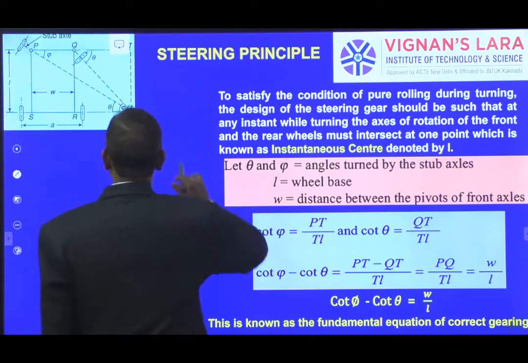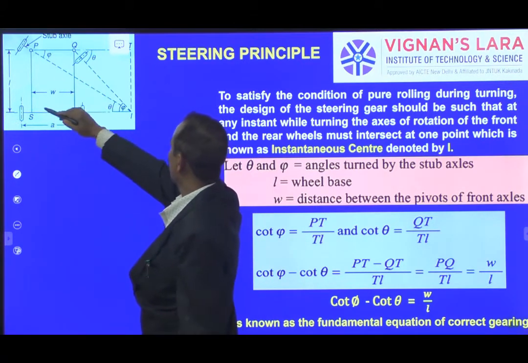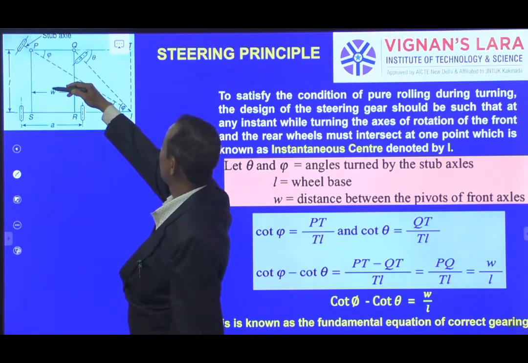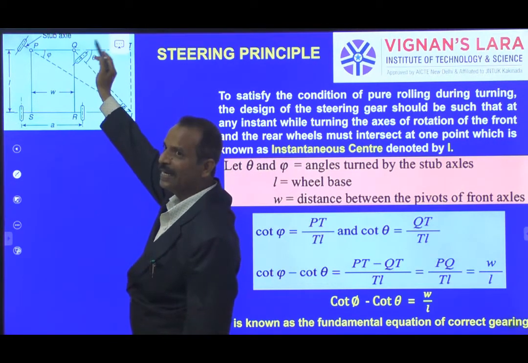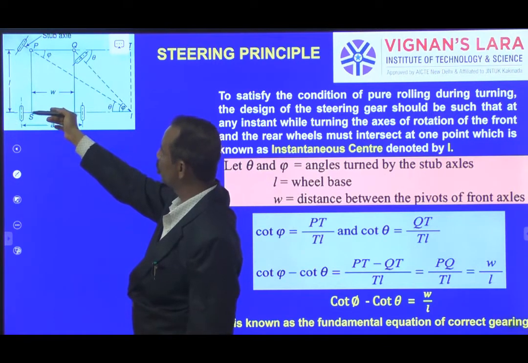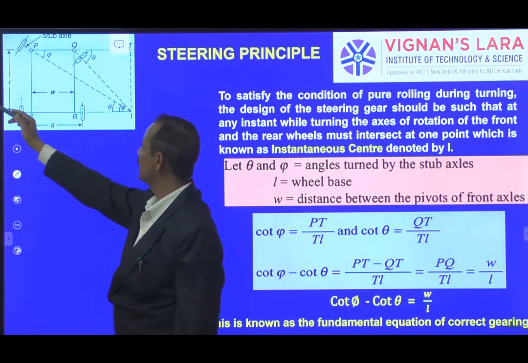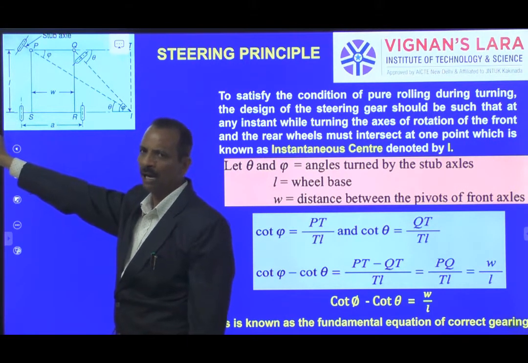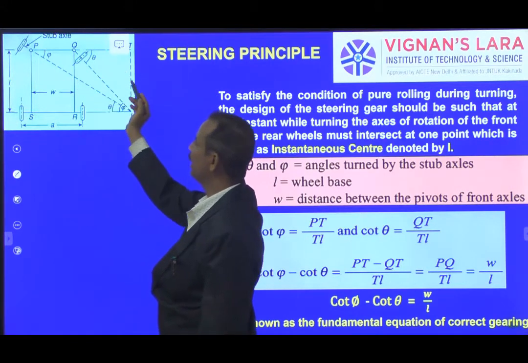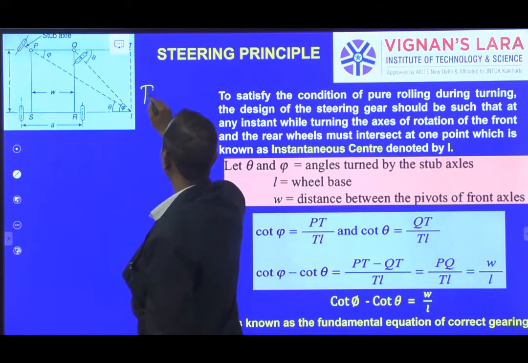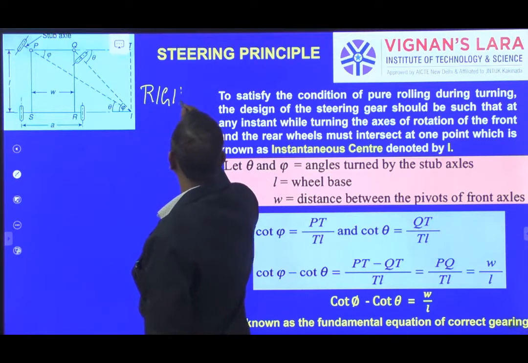Here you can see the diagram. Now I have shown a right turn. In the previous diagram I showed a left turn, so my I center was on the left side. Now I am taking a right turn.